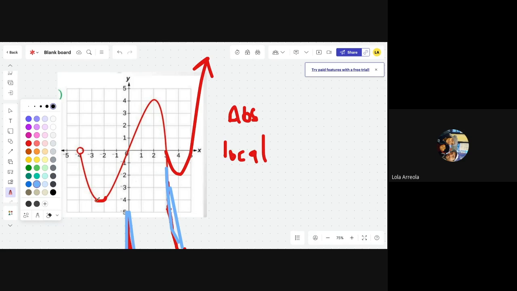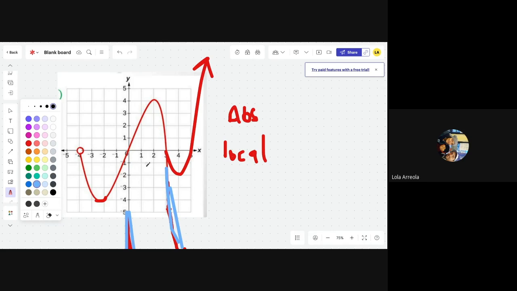Well, now it's my absolute or global lowest point right here at -4. What about this guy? This is the biggest hill, and my graph is not going past this hill. There's no arrow anymore going past it.